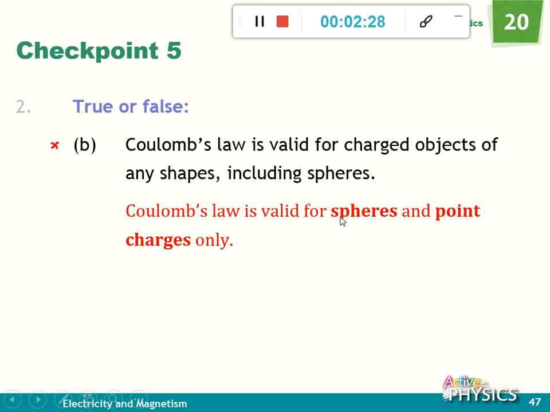For a sphere, all the charges distribute on the surface. You can think that all the charges on the surface concentrate at the center to represent the whole sphere. Like that, Coulomb's law is true for spheres and point charges.